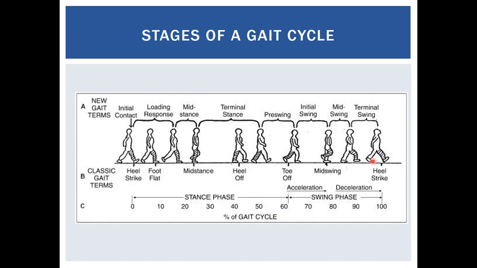While the left foot is in stance, the right foot would be in swing. And when the right foot is in stance, the left foot will be in swing. That is when you have the alternating movement of your feet, which is facilitating walking. So you can see the percentage of gait cycle as well. So 0 to nearly 60% is your stance phase, and then 60 to 100% is your swing phase. The swing is the smaller phase, stance is the longer phase.